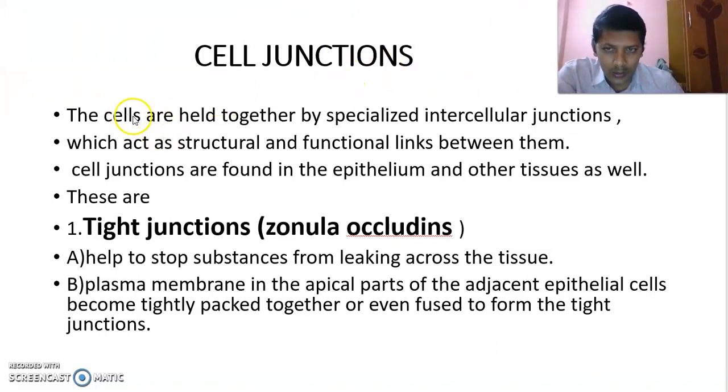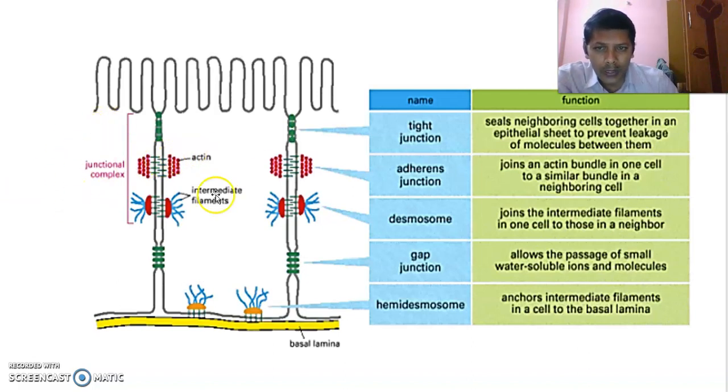Cell junctions. Cells are held together by specialized intercellular junctions. If you observe in this figure, this is one cell, this is one cell, and this is another one.